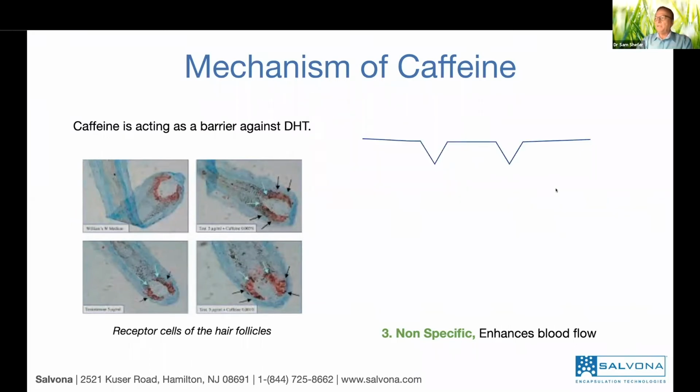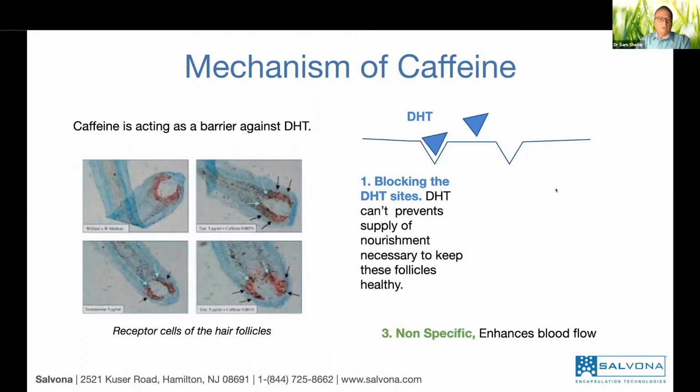What happens? The DHT settles like a key in a lock. It connects to the receptors, and typically then it starts to cause hair loss. This is the nature of DHT. So what is the caffeine doing? When you apply caffeine, it has the ability to adhere to the same receptor, so it can block the DHT. When it blocks the DHT, it doesn't let the DHT do what it's supposed to do: hair loss.